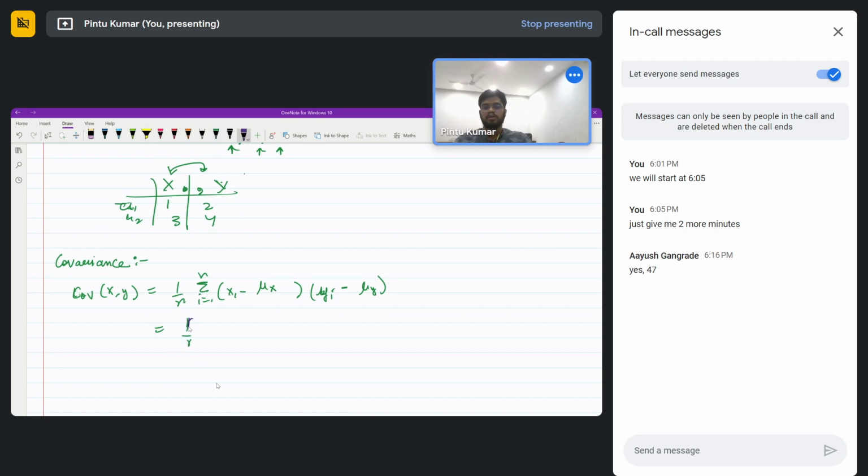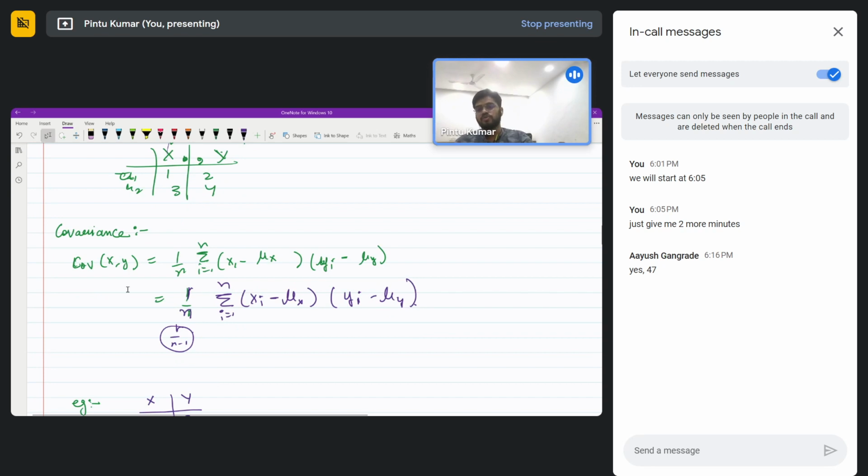Again, you can use 1 upon n minus 1 over here. Summation of i equal to 1 to n, xi minus mu of x, so the mean of the first one, multiplied by yi minus the mean of the second one. So you are just multiplying these two and then taking their sum. This is what is called covariance.